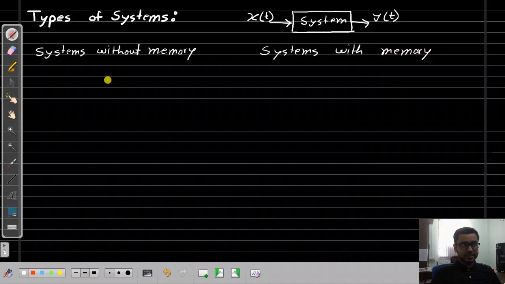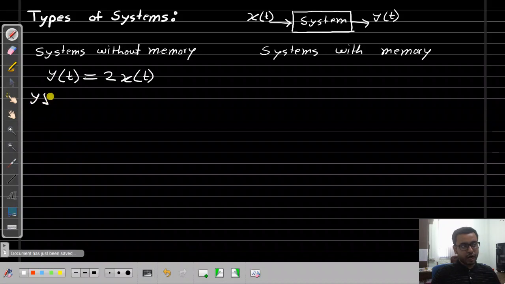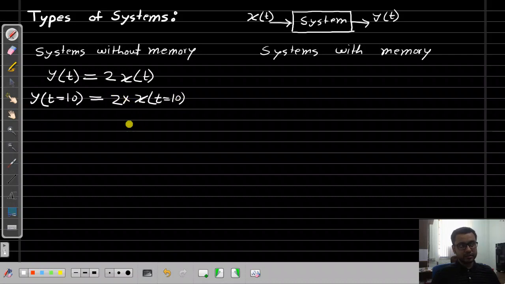Let us understand this. Suppose for a system the output y(t) is given as 2 times x(t), the input. For this system, to calculate the value of the output at any time, say at t equal to 10 seconds, I just need to know the value of the input at t equal to 10 seconds and then multiply it with 2.